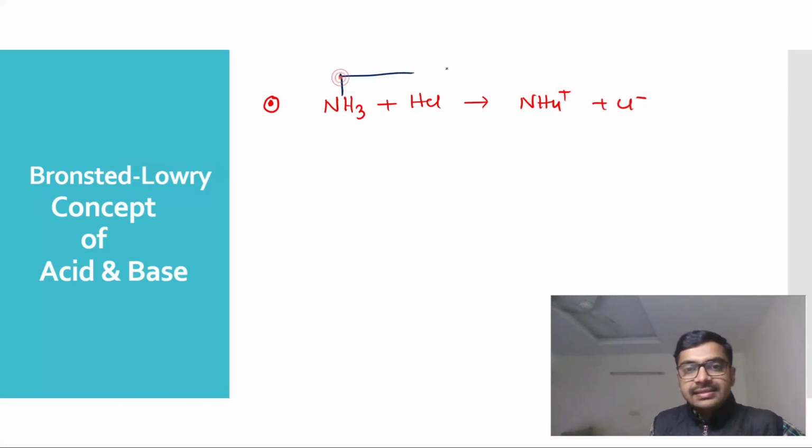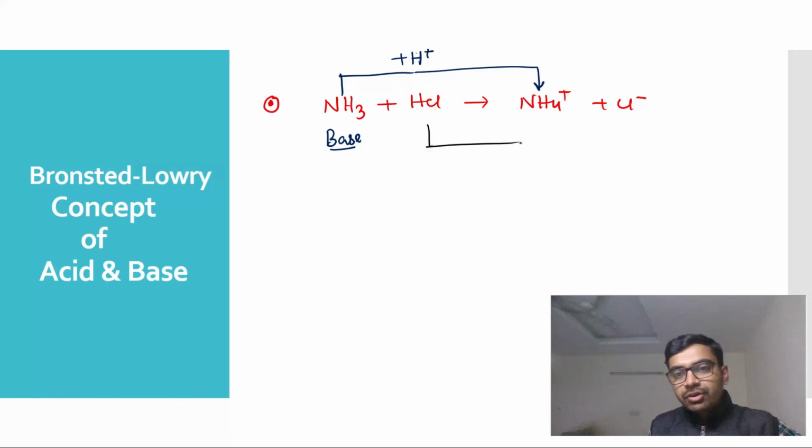NH3 changes into the NH4 plus ion by accepting one proton and acts as a proton acceptor. So ammonia is a base, a Bronsted Lowry base. And on the other hand, the HCl molecule donates a proton, that means H plus ion, so it acts as an acid.